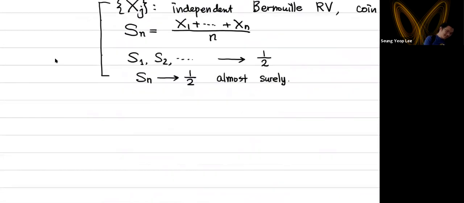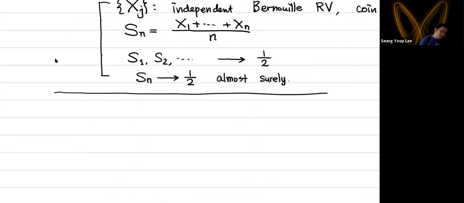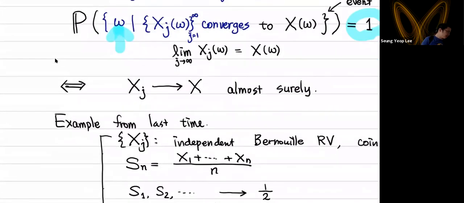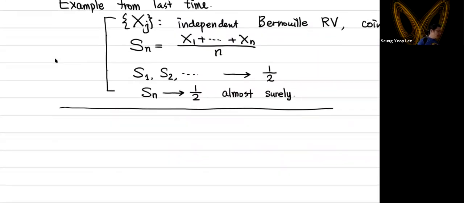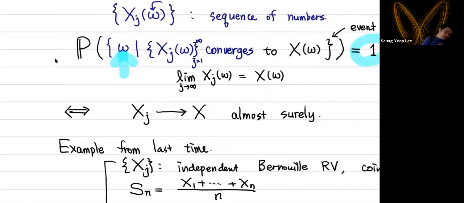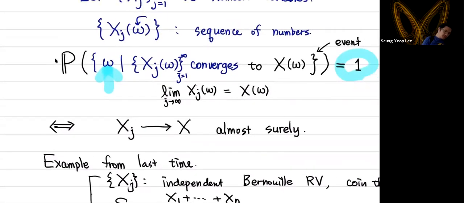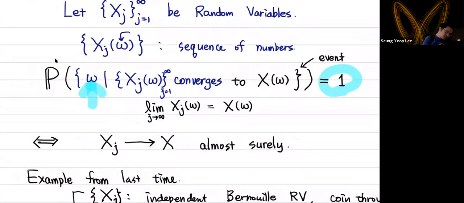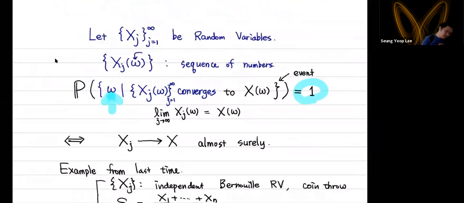So we defined almost sure convergence. Let me copy this definition of almost sure convergence.